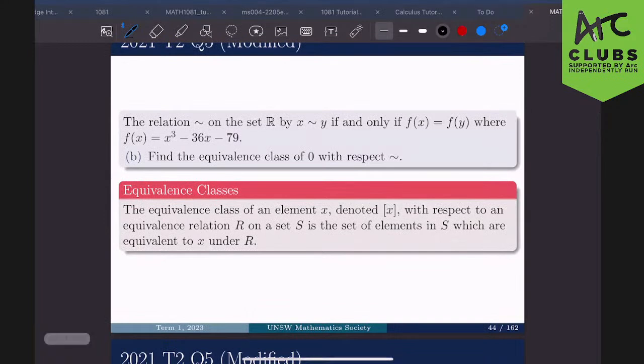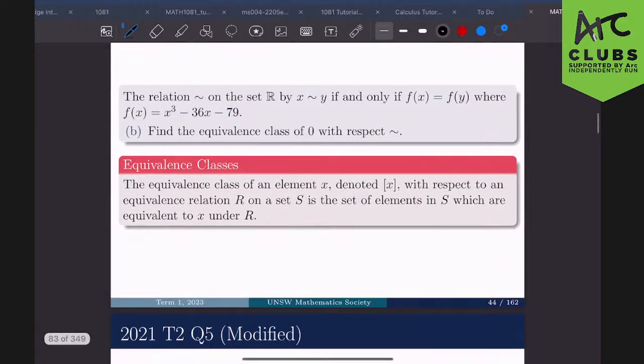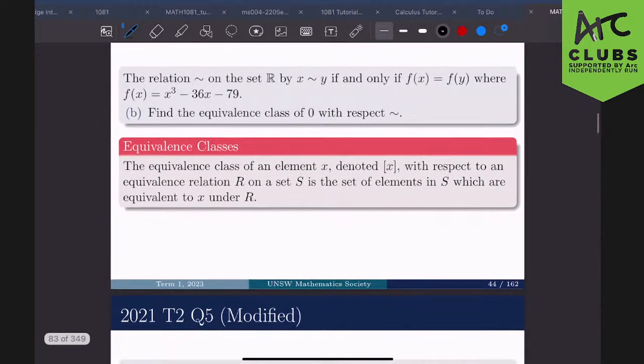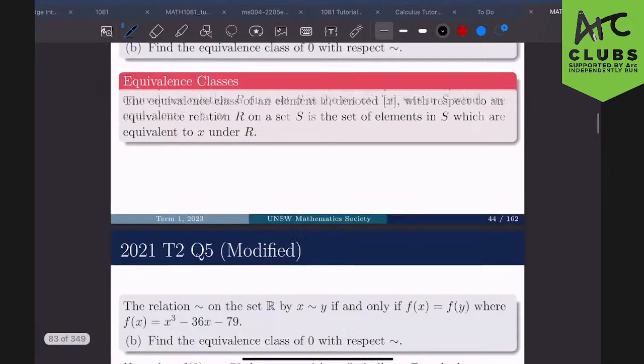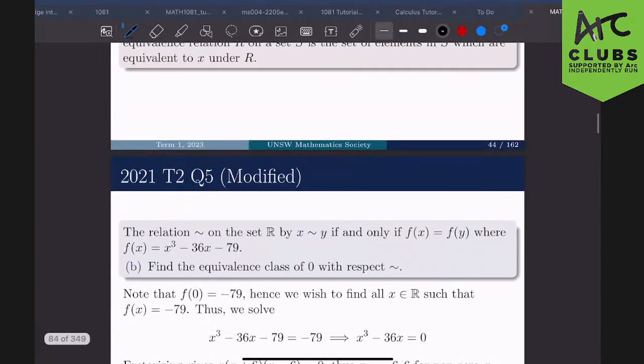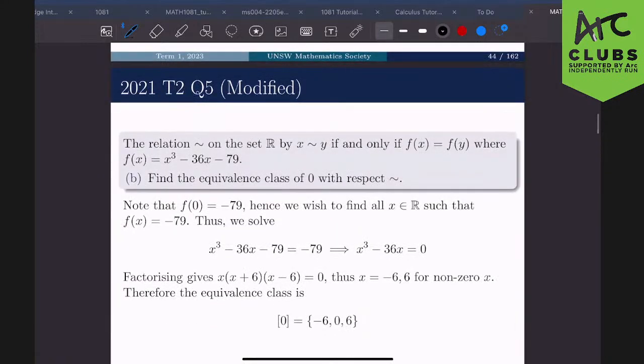Okay, and now we need to find the equivalence class of 0, which just means it's equivalent, like they will use the same output.